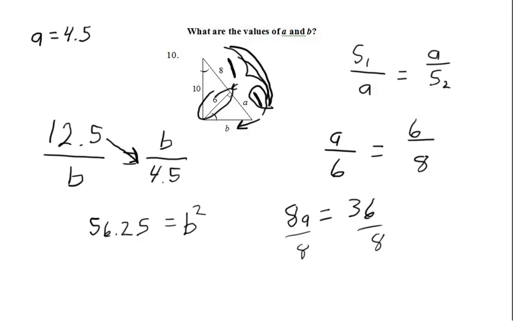And if I take the square root of both sides, get rid of this b squared, the square root of 56.25 is 7.5 equals b. So b equals 7.5. You may have to pause that, back it up, and take a look at it again, but there you go.